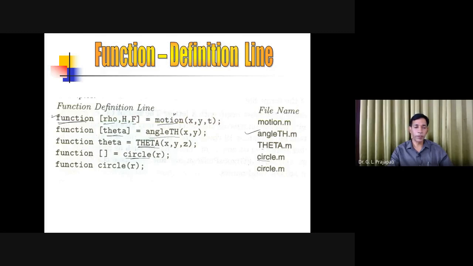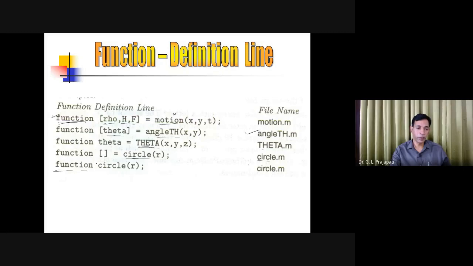If you don't want to return any variables, meaning any output, if your function is not going to return any output, then it is better to write like this: function, which is fixed. Then here you don't need to specify the variable, and the equal to sign will not be here, because an equal to sign means you are going to assign the output to these variables, and here you are not going to assign the output.